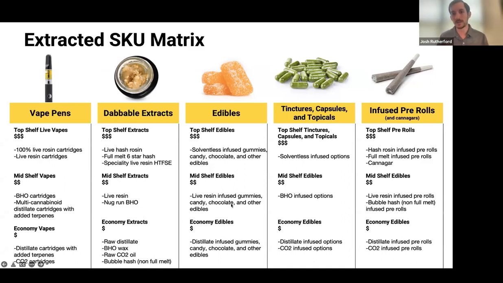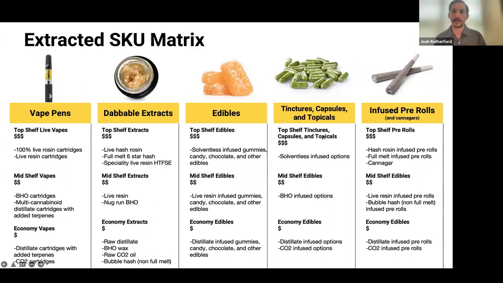Then you have your mid-shelf edibles, which are your live resin infused candies, chocolates, and other edibles. Economy edibles are based on distillate infused gummies, candies, and chocolates, where you're using distillate, which is highly potent but isn't necessarily a high-end dabbable or mid-shelf extract, infused into your edible.